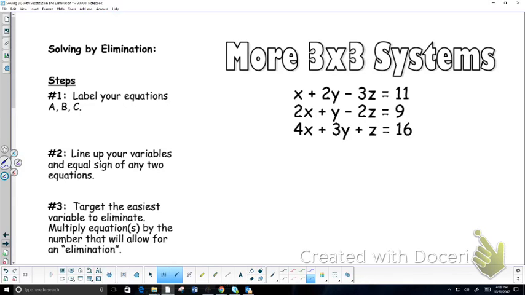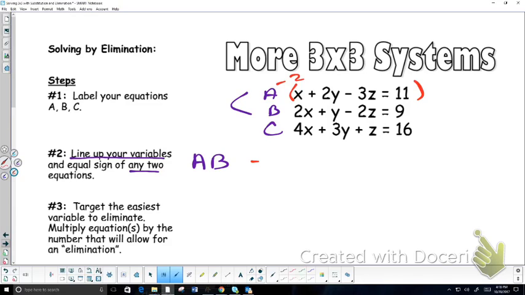So going through this scenario once again, I'm going to go ahead and label my equations A, B, and C. It suggests for you to line up your variables of any two of the equations. So for example, my first one, I'm going to go with AB. I have to be thinking about what I'm going to eliminate. I think it would be real easy to eliminate x if I multiply the top one by -2.